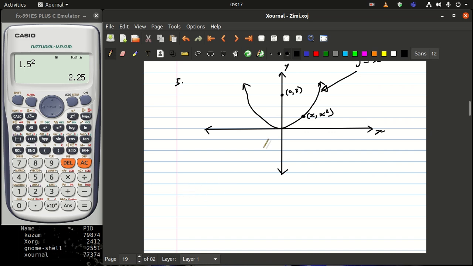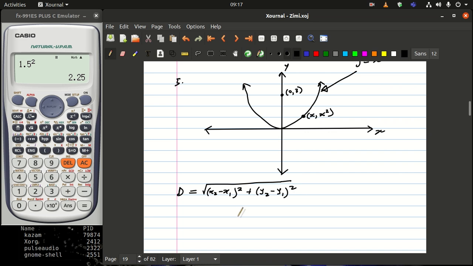So what is the distance between this point and any other point in this curve? Let me just use this point that I've highlighted there. You know the distance formula. A distance formula is saying that you must have the square root of x2 minus x1, and then you square it up, plus y2 minus y1, and then you square it up.